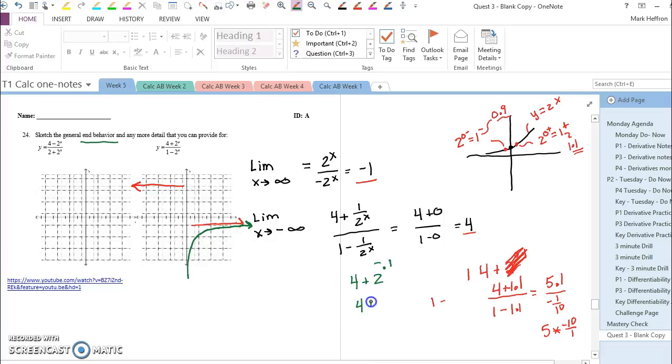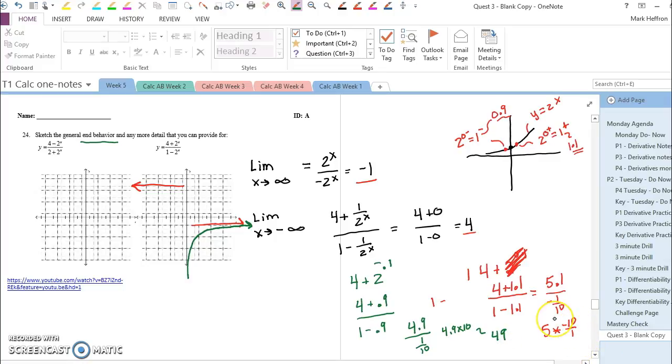This is really 4 plus 0.9 divided by 1 minus 0.9, or 4.9 divided by 1/10 positive this time. Inverting and multiplying would give me 4.9 times 10, or 49.